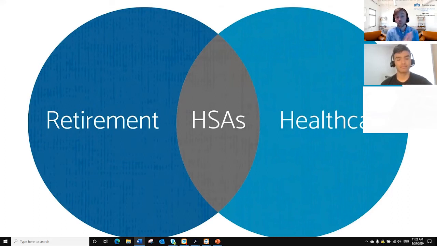Also, these accounts are an excellent long-term retirement savings tool. If you recall from the hierarchy, you may remember that we even have max funding an HSA before max funding your 401k retirement account on the hierarchy, right? And that's because of all the tax efficiency components to it, right? The deductions, the tax deferral, it comes out tax-free, and it can serve as a supplemental retirement account when you're at age 65 and older, and we're going to talk about how that works here in just a moment.